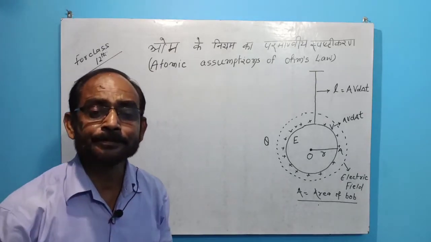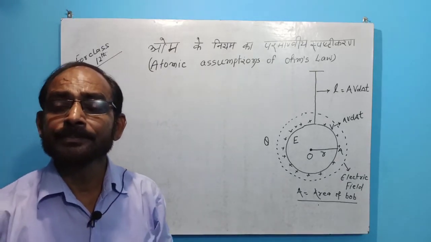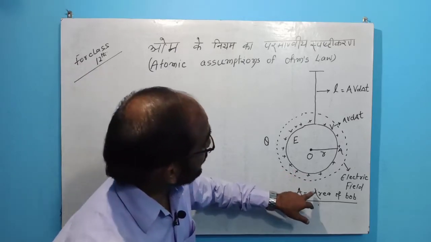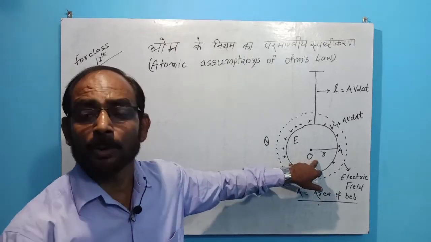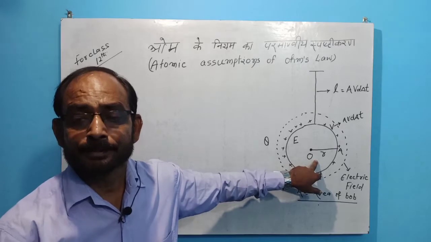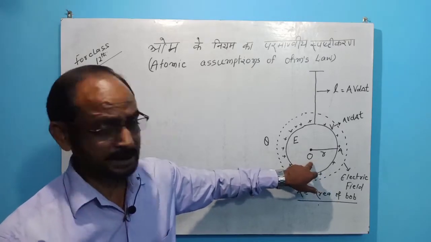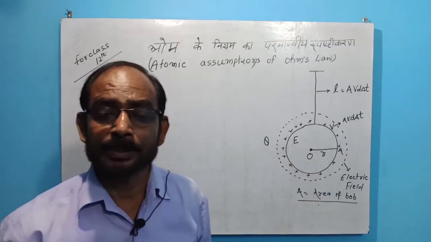Consider A, the cross section area of the bulb, freely suspended thing of the bulb.